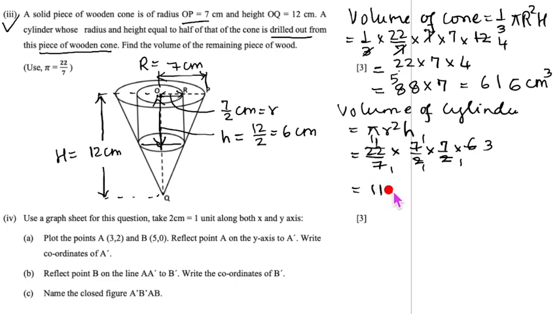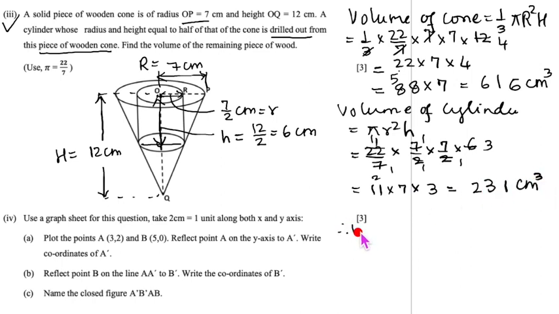So we have 11 into 7 into 3. So that is 21 into 11. So 21 ones 21, carry 2. 21 ones 21 and 2 is 23.